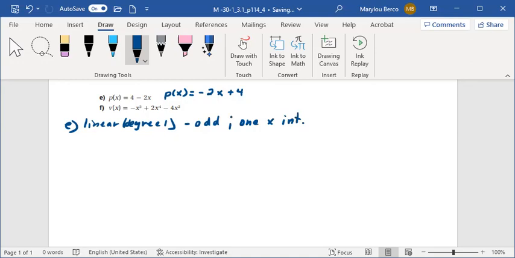Since the leading coefficient is negative, the graph of the function extends up into quadrant 2 and down into quadrant 4.